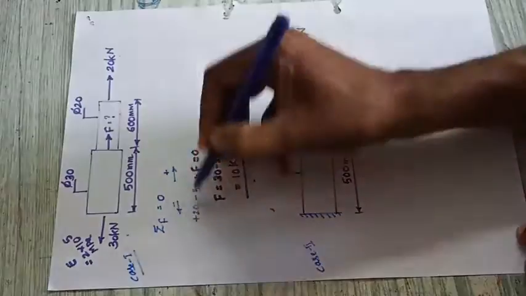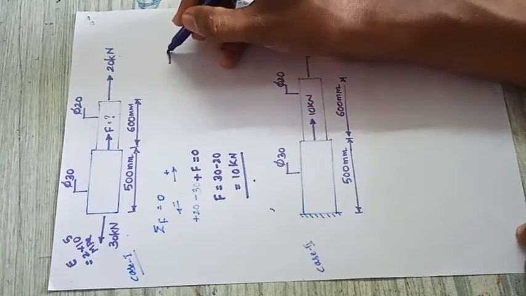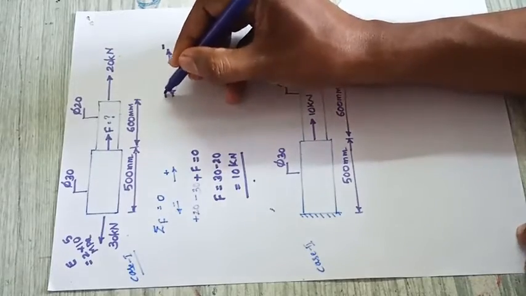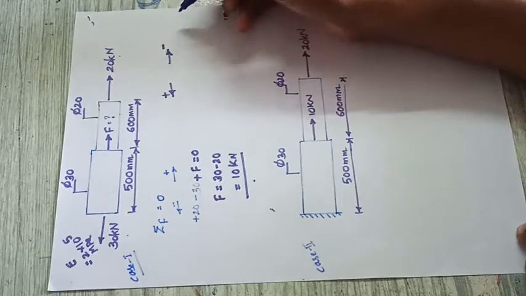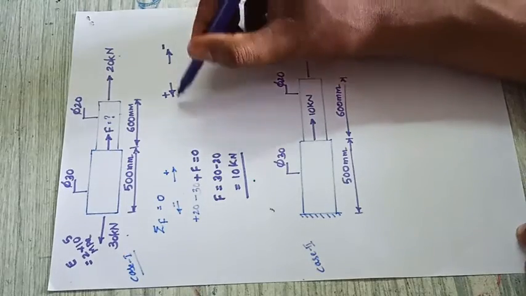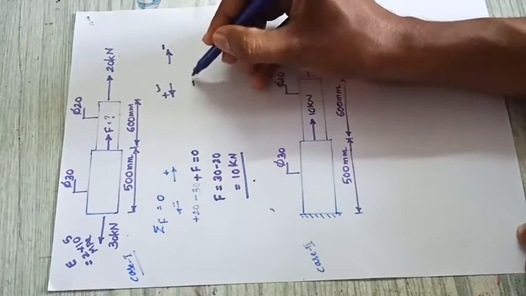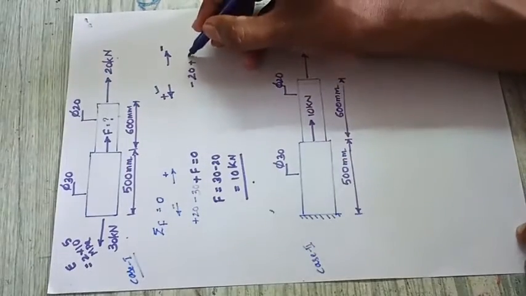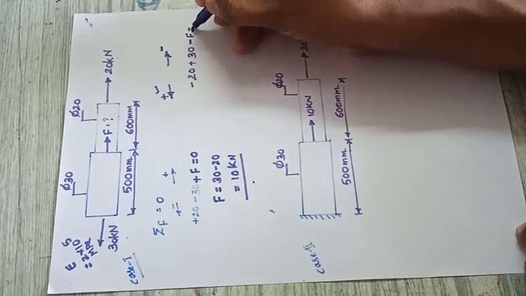If I change this sign also, you can easily get the same answer. Take this as negative and this as positive: right side moving force I take as negative, and left as positive. So it is minus 20 plus 30, then minus F is equal to 0.